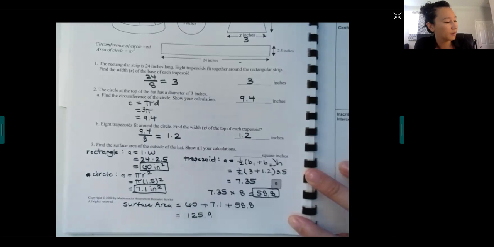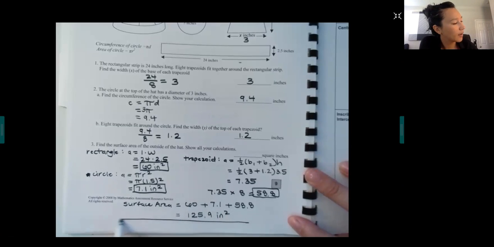And when we add those all up, we get 125.9 inches squared. So that's the total surface area of our hat.